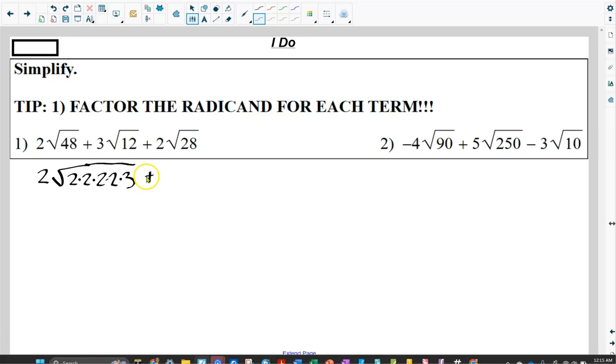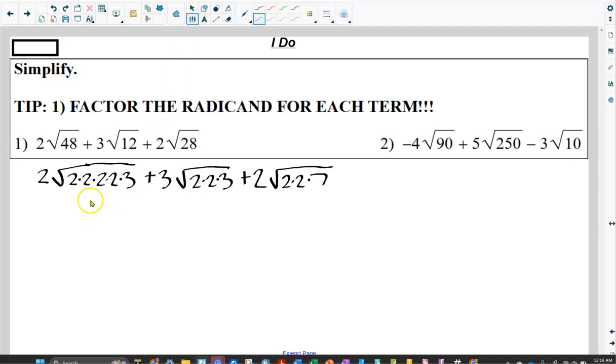And plus 3. This is 2 times 2 times 3 plus 2. If you need to factor the tree somewhere separately, then do it and plug it in like this. Okay. This is 4 times 7, so 2 times 2 times 7.